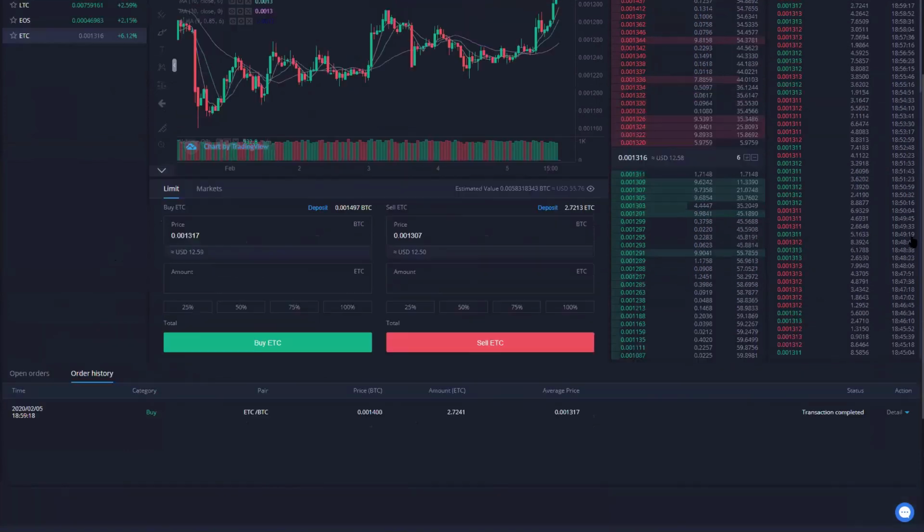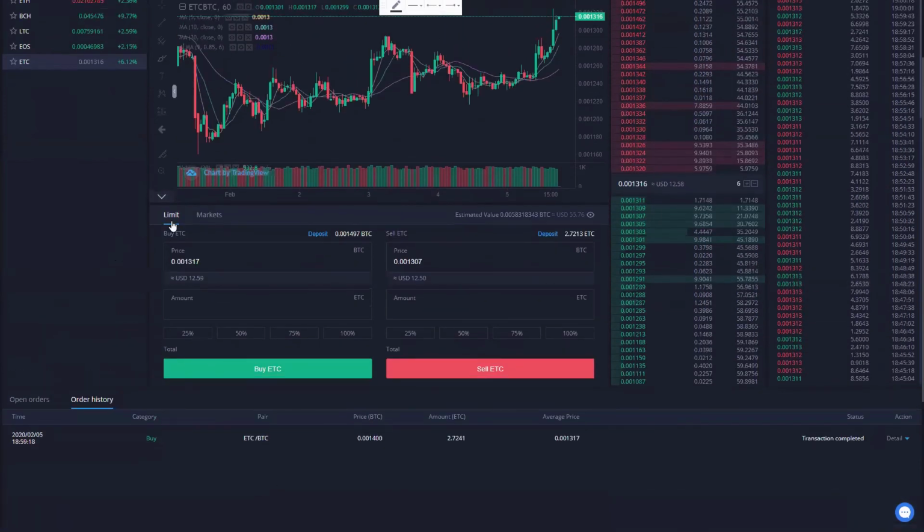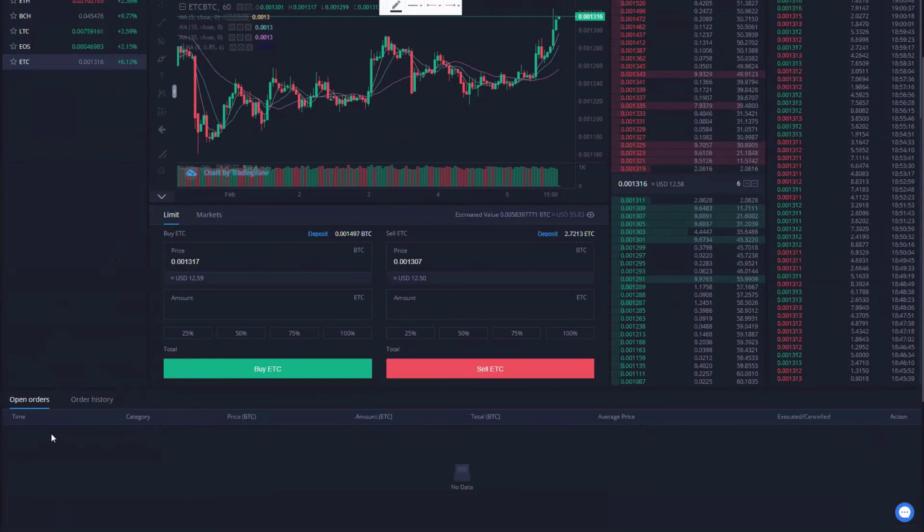So this is actually a trade we just did. We did a limit buy where we actually put a price quote, our own price, and then that is the result we got. If this order wasn't cleared, you realize that it will be captured in the pending orders. So let's do one of that and see how it's also going to depict. Now you realize that the price is currently 0.001316.